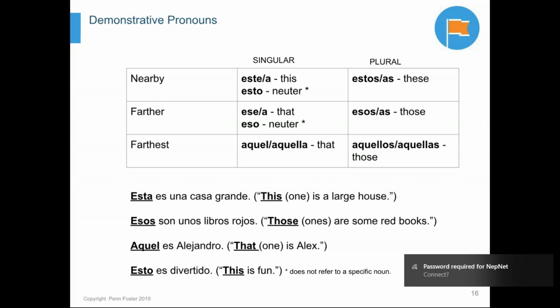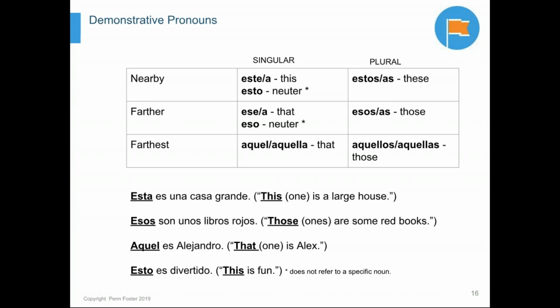Okay, the top portion of that chart represents words like this and these. Middle and bottom represent that. If you look at those examples, this is a large house, representing this house. But as we said earlier, the word house is removed since a pronoun can replace a noun.